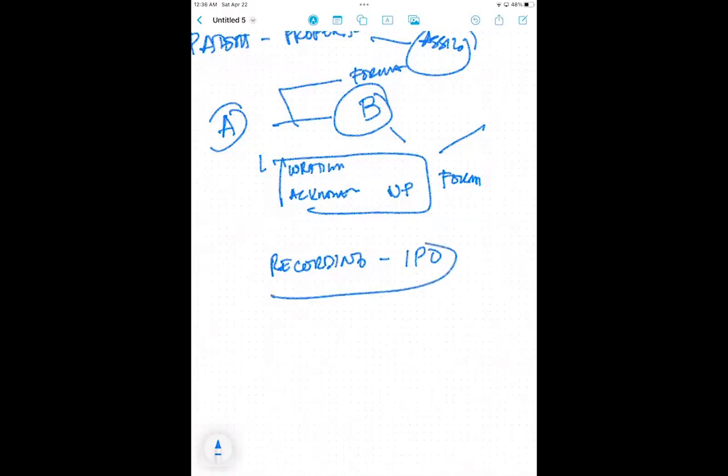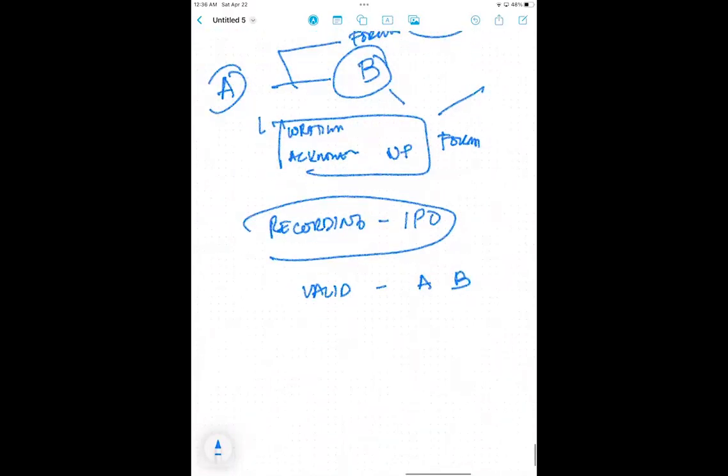But, okay, assignment not recorded sa IPO is still a valid assignment as between A and B. However, without the recording of the deed of assignment to the IPO, it shall be void against any subsequent purchaser or mortgagee for value.